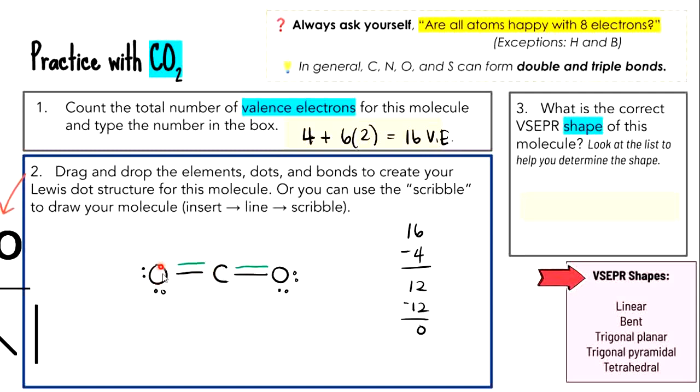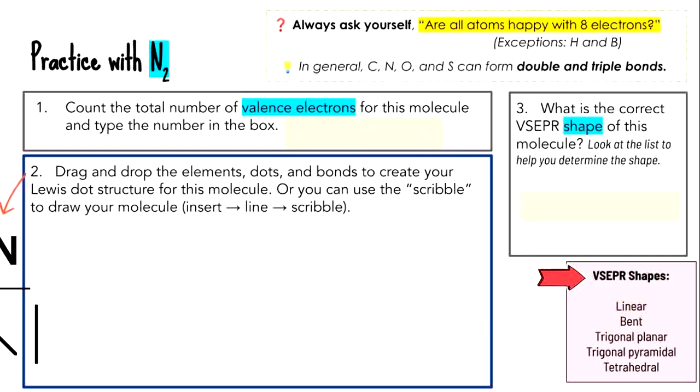Double bond on the left side, double bond on the right side. So what shape is this? Well, the bonds don't change the shape. We're still looking at the outside atoms, and we have 2 outside atoms with a central atom. So what shape is that? That's a linear shape.